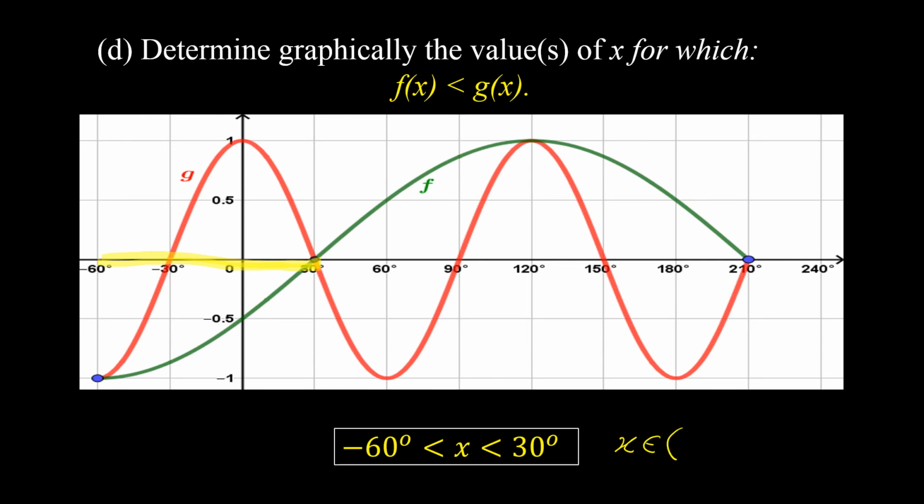You must use the round bracket because that one is not included, not equal to here in the question. Minus 60 to 30. If you are comfortable with this format, use that. But if this is an equal to, then it will be a square bracket, for less than or equal to. So that is our answer between minus 60 and 30.